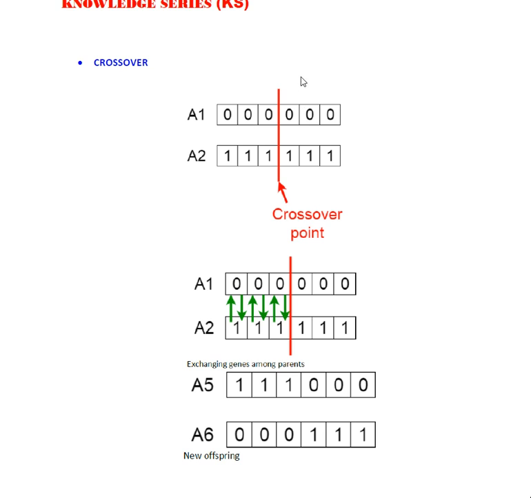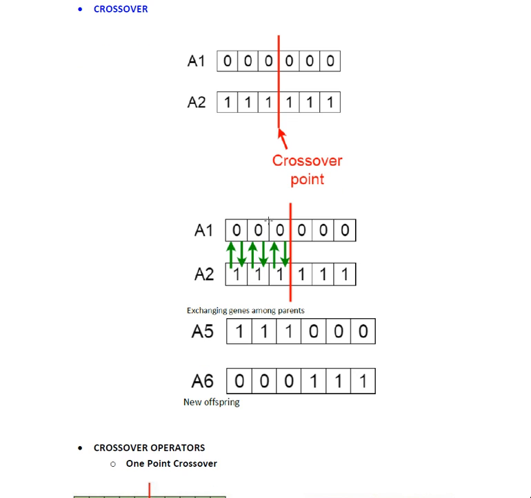Under this mating condition, we create a crossover point. Here the bits are interchanged, that is what is shown. The bits are interchanged, and the new offspring generated are 111000 and 001111. So these are the new offspring generated after A1 and A2 are mated.